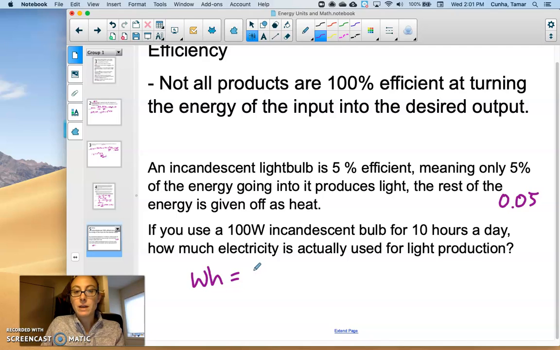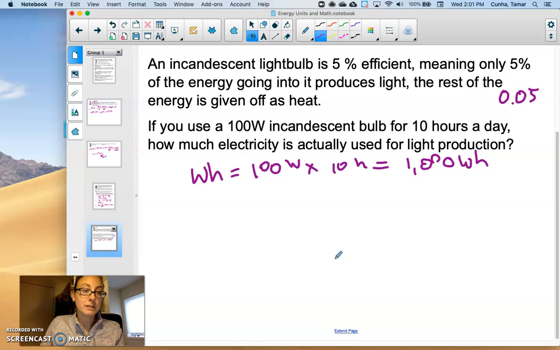All right, so how much is that? When we're talking about a day, we have 100 watts times 10 hours gives us 1,000 watt hours. But it's not 100% efficient to give us electricity. It's only 5% efficient.